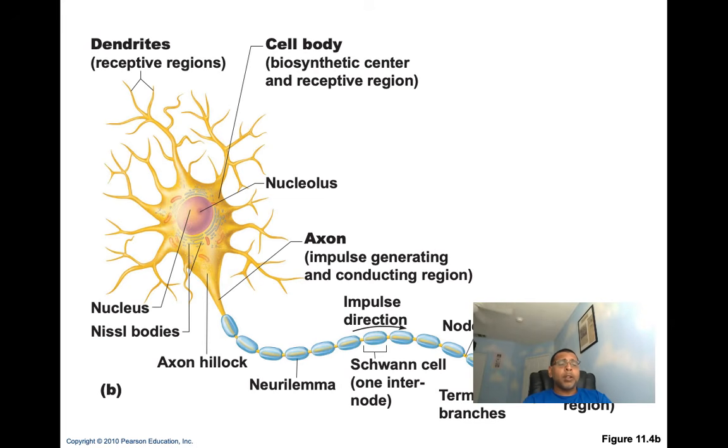They provide an enormous surface area for receiving signals. In terms of structure, they're short, tapering, and you can see very diffusely branching extensions.